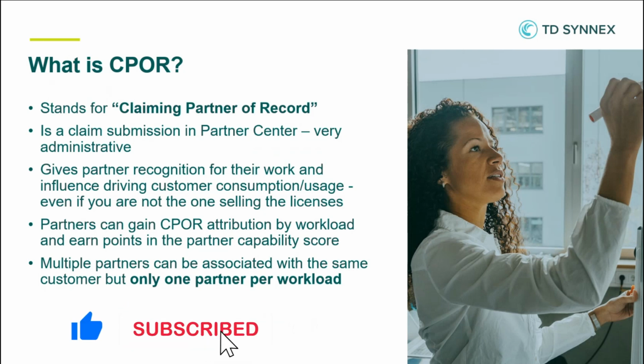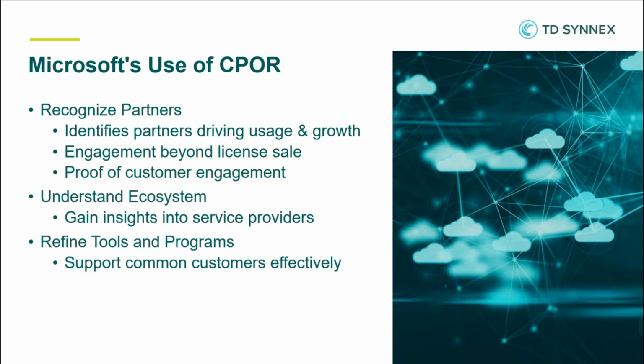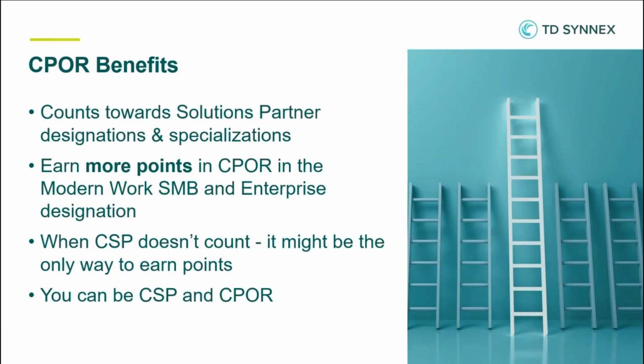Even though multiple partners can be associated to an end customer, it is only one partner per workload. Microsoft uses the CPOR model to identify and recognize partners, understand the ecosystem of service providers, and refine tools and programs to support customers.